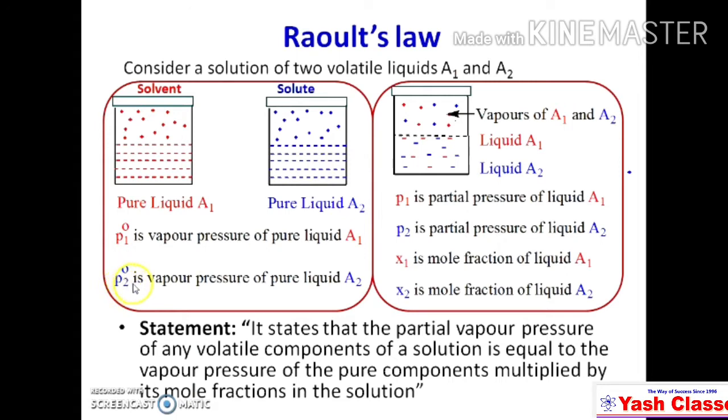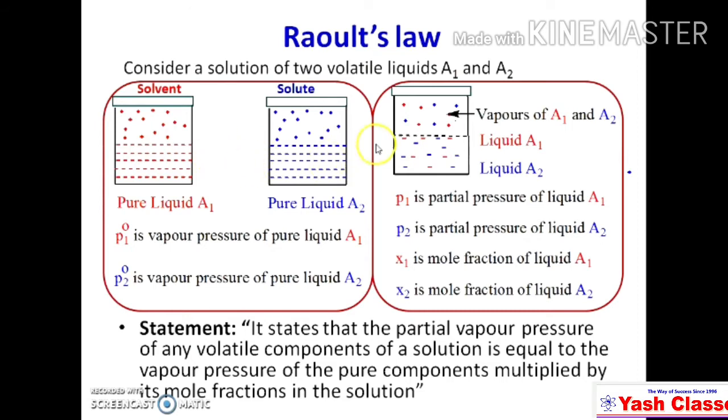So P20 is the vapor pressure of pure liquid A2. When a solution of these two liquids is prepared, suppose A2 acts as the solute and A1 acts as the solvent, because A2 is mixed to a smaller extent and A1 is present to a larger extent in the solution.